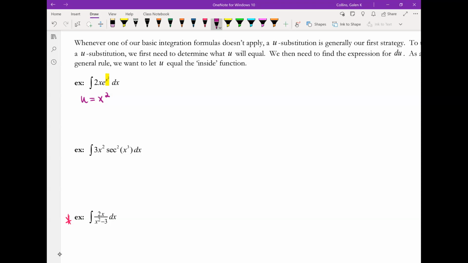To figure out what du must be, we will take the derivative of u equals x squared with respect to x. So I'm going to take the derivative with respect to x of both sides of the equation.